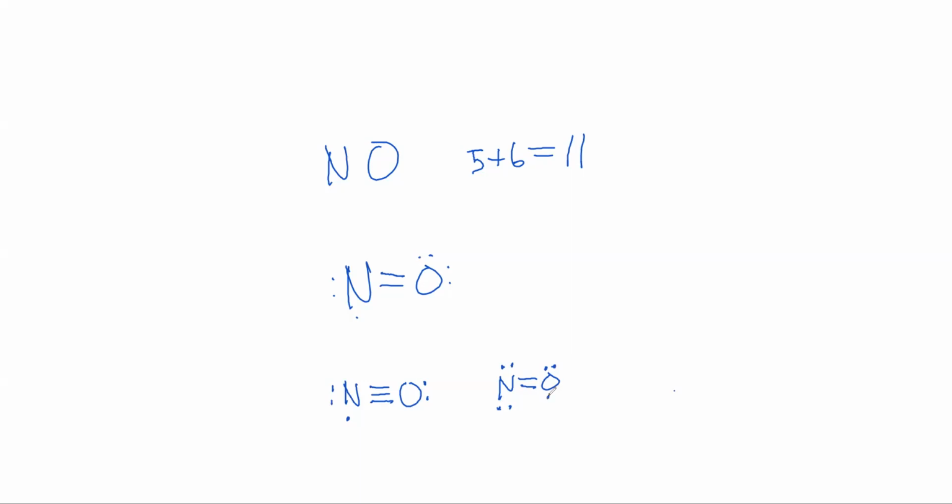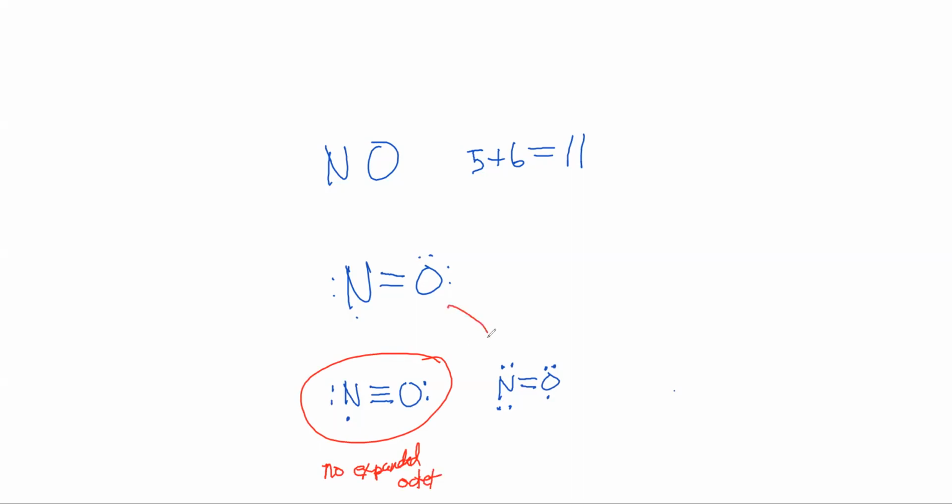Now, each of those can be classified out based on different rules. This one's our easiest one to throw out, and we can throw it out because nitrogen is not in the 3rd energy level, so we can't have an expanded octet. So we can toss that.